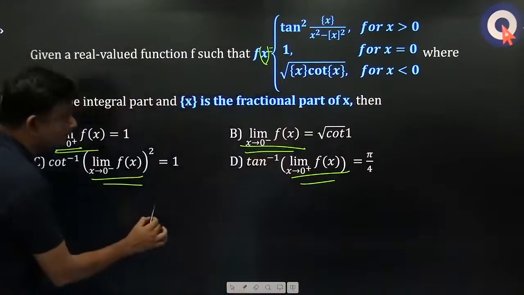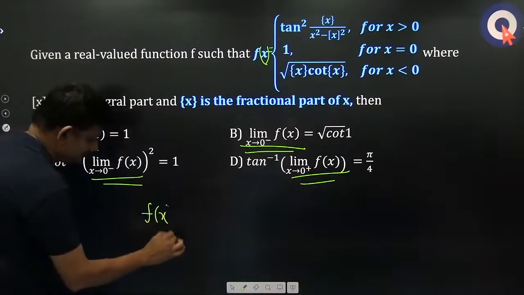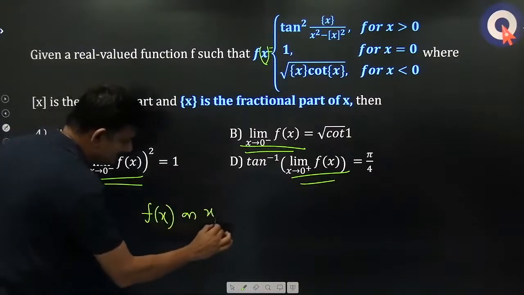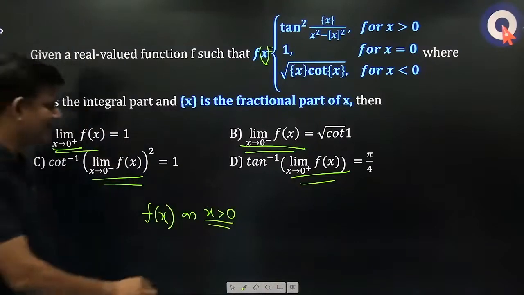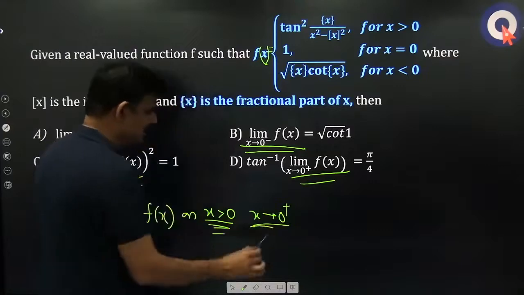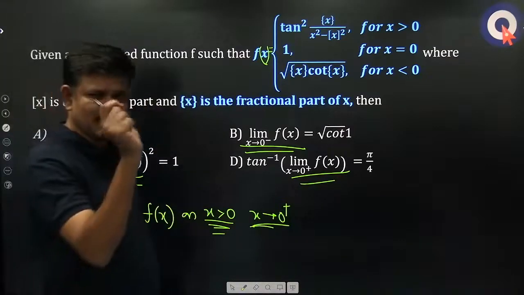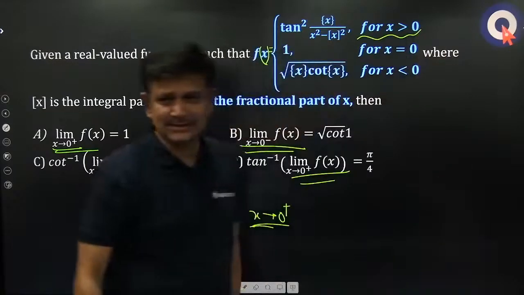So let me look at f of x as x is slightly greater than 0, that is x tending to 0 plus. 0 plus का मतलब है x is slightly greater than 0, हल्का सा. So which case are we talking about? x is greater than 0.